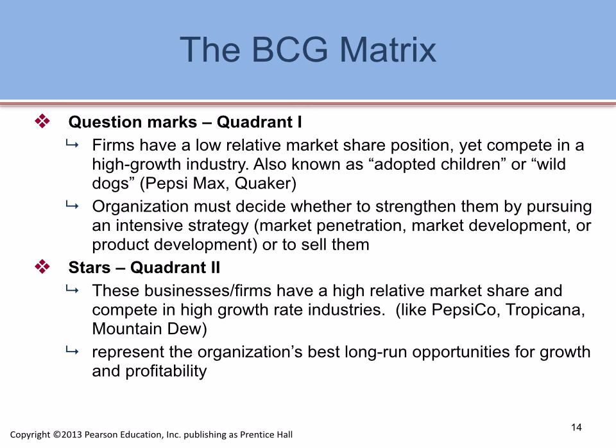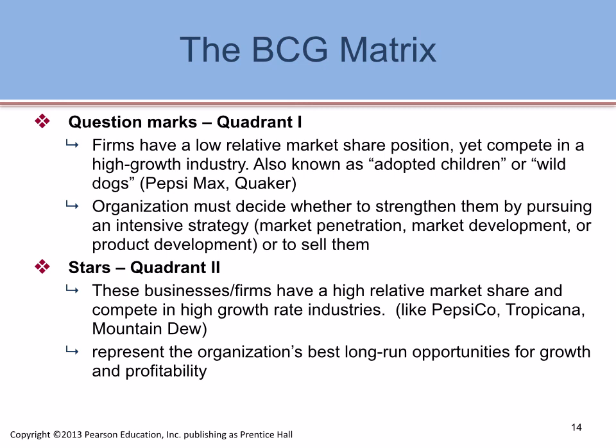So generally these firms, their cash needs are very high, but their cash generation is low. That's why we call them question mark, because we don't know the future of these firms. They have a very low market share, right? They're almost like infant firms, but they compete in a high growth industry.